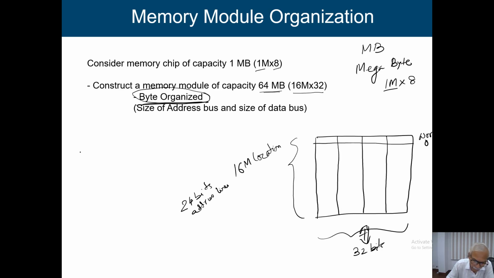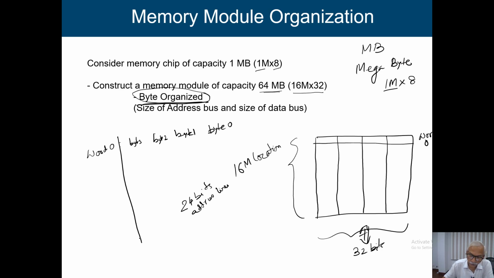So in word 0, you are going to get 4 bytes. I will say this is my byte 0, byte 1, byte 2 and byte 3.